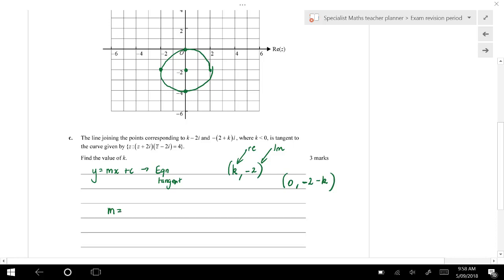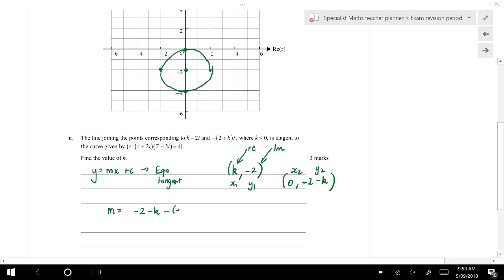So this can be y2, this can be x2, this can be x1. It doesn't look as nice though, does it? Because it's in terms of k's and things. But my rise is y2 minus y1.